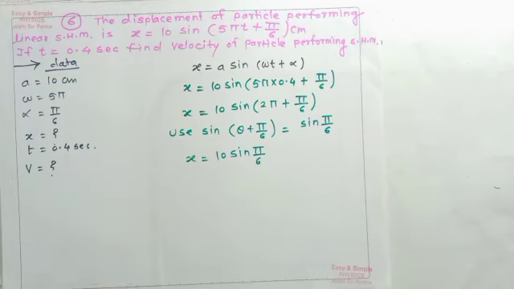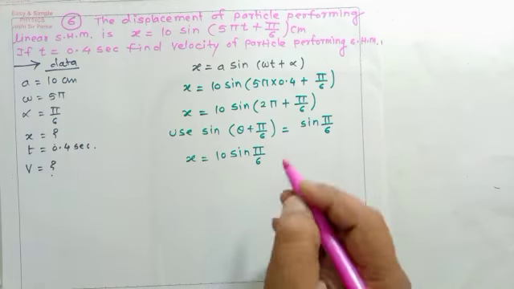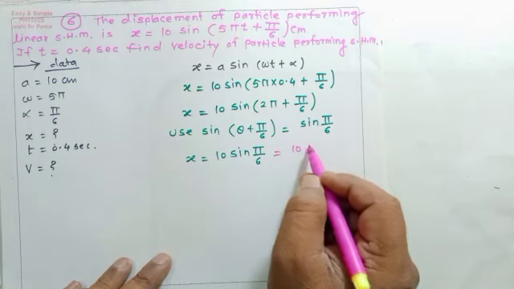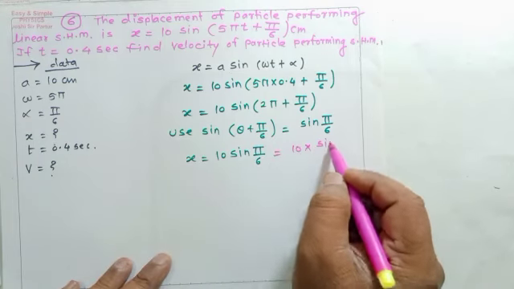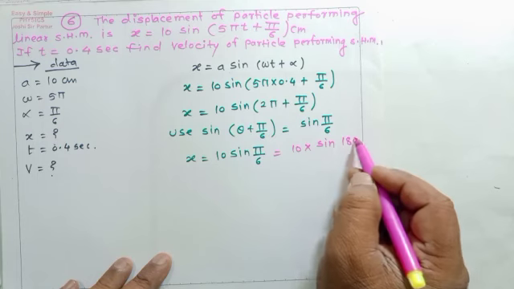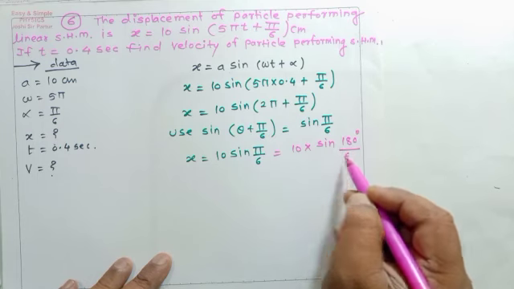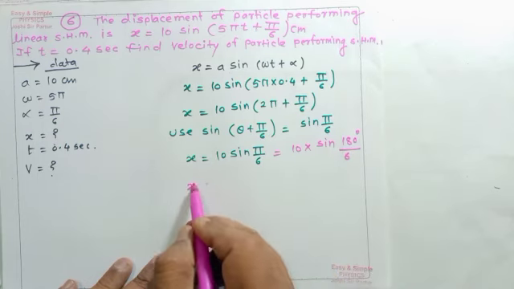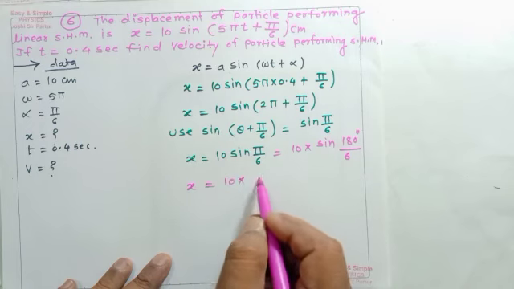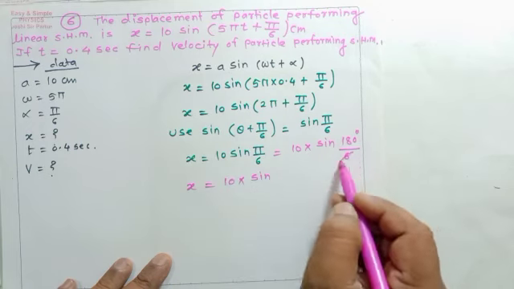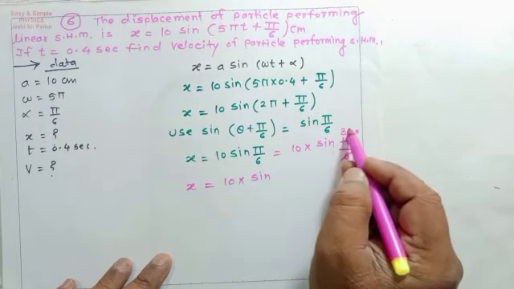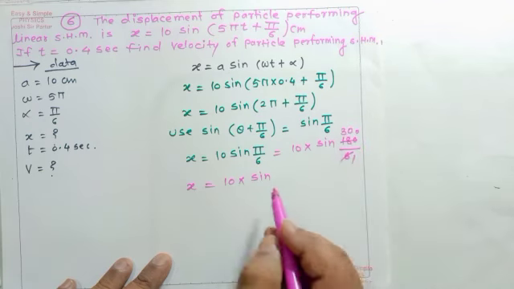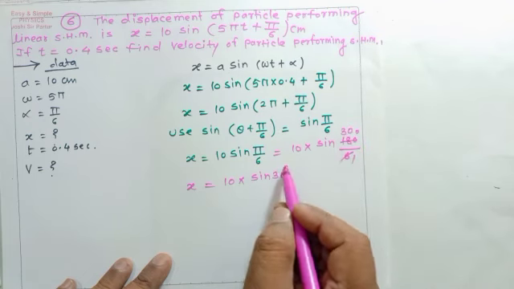If we substitute the value for pi, it will be 10 into sine of 180 degrees upon 6. So x is equal to 10 multiplied by sine of, 6 into 30 is 180 degrees. So that is 30 degrees.